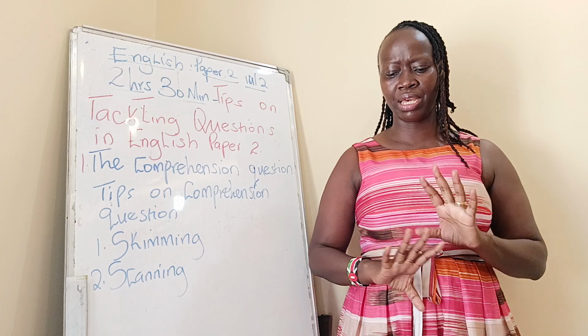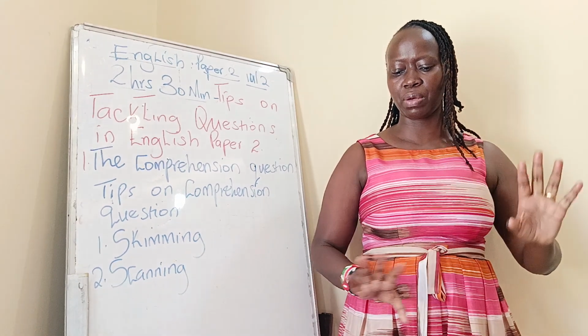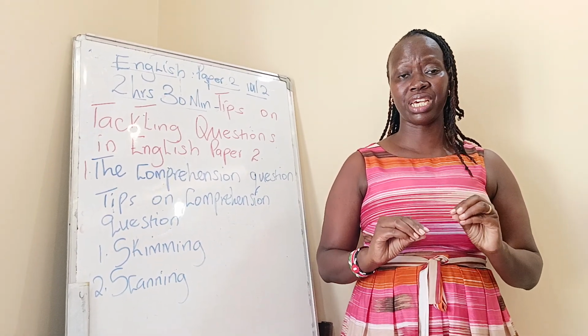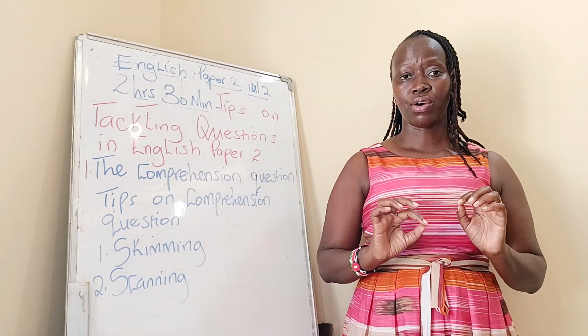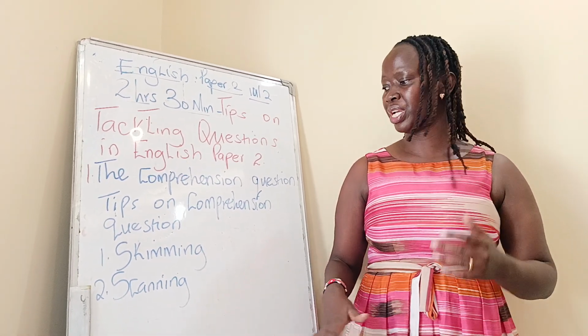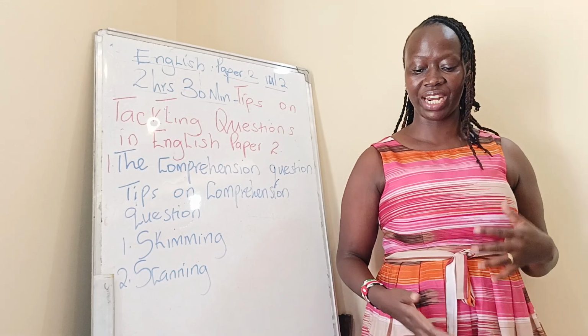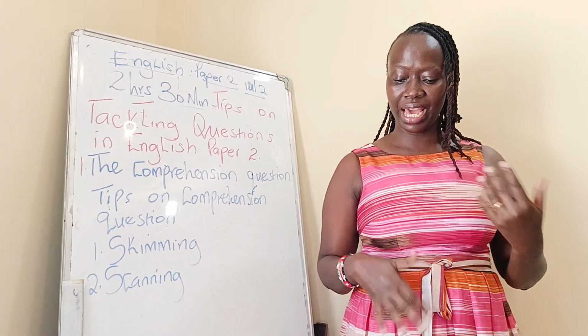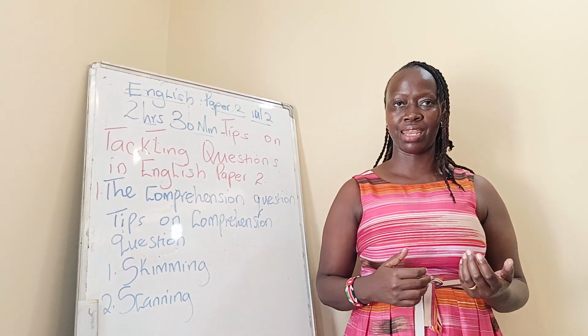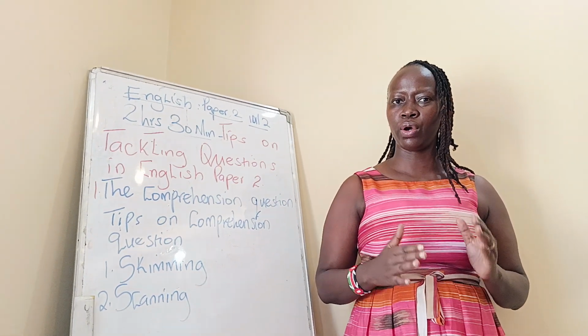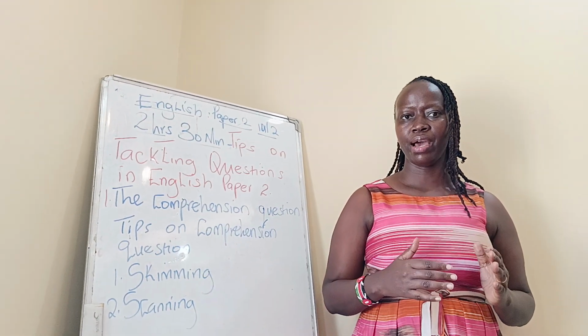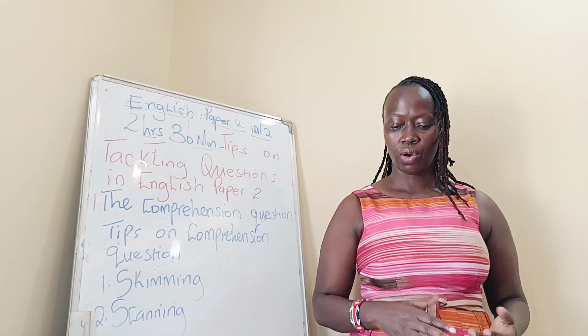Skimming is where you read through the passage quickly in order to get the gist of that. So when you read through the passage quickly, you have an idea. It will help you to take the right direction.